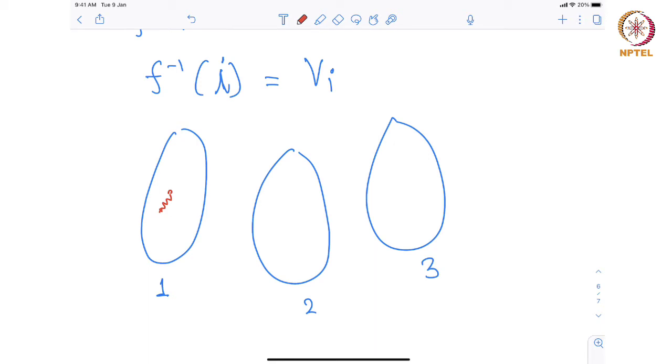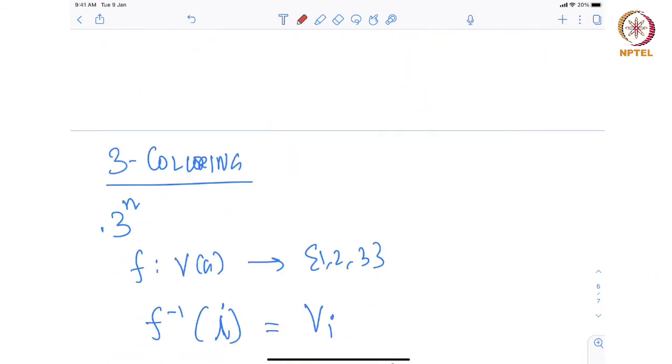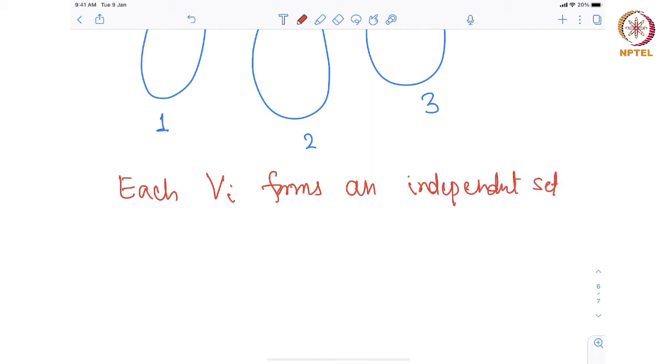So basically what is the property? The property is that each Vi forms an independent set.